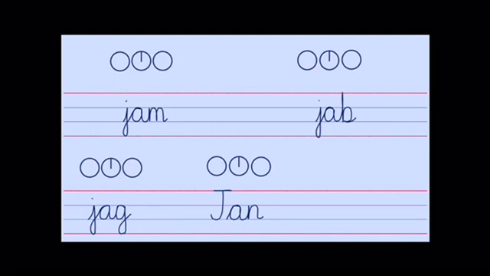And our very last word on this screen is jar. J, a, r. And the R really helps us to work out which letter we use for the A sound, because the R changes the sound a bit.